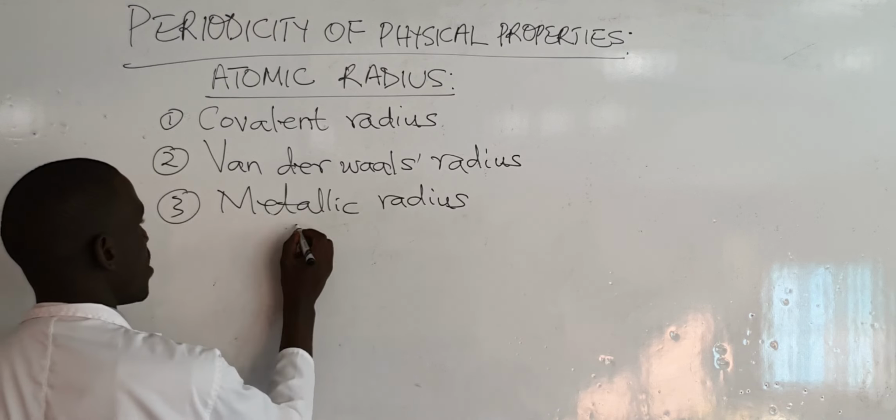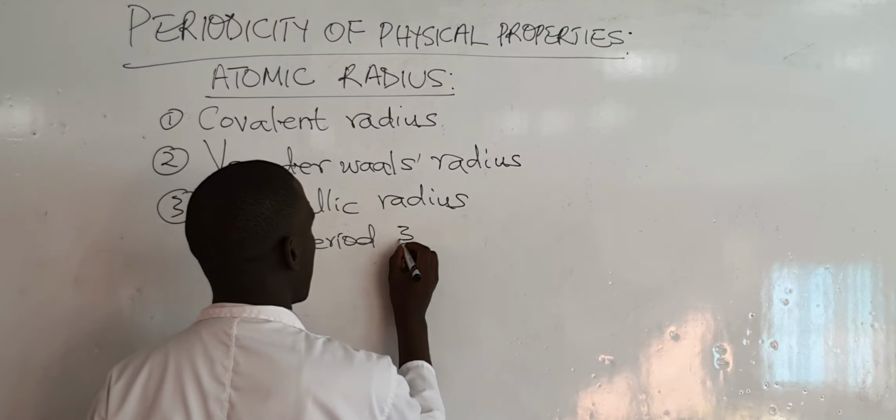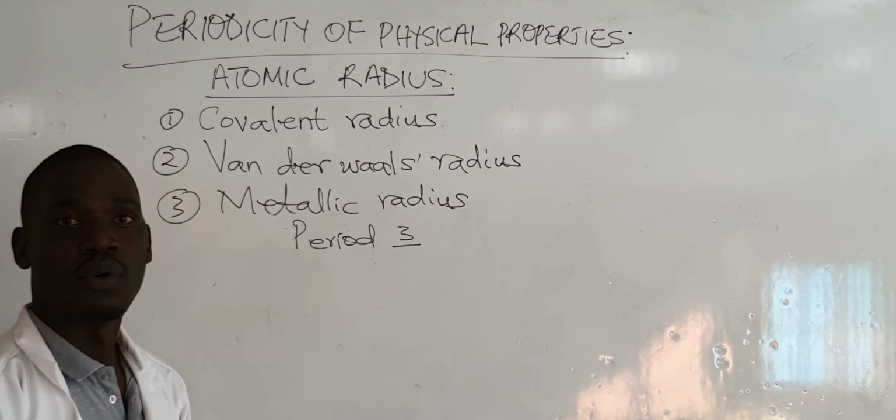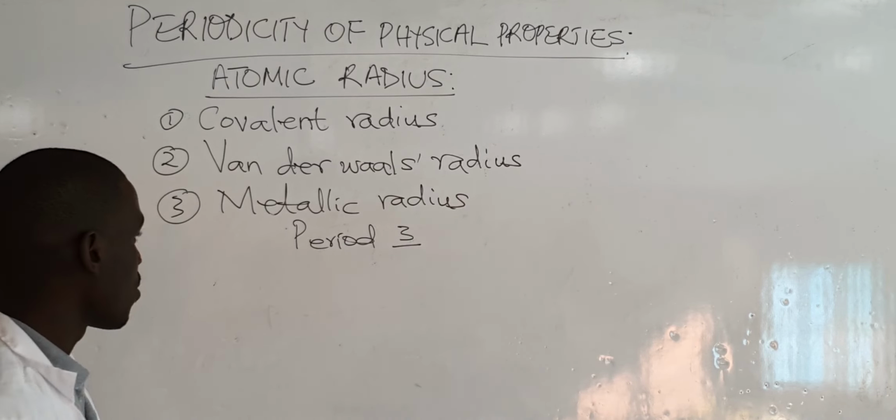Take, for example, period 3 of the periodic table. How does atomic radius vary across the period?